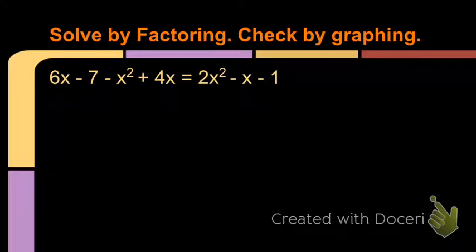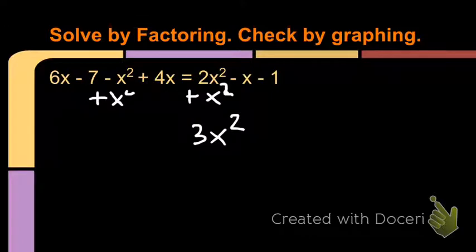So solve by factoring. Like we just talked about, first we want to get this in standard form. Notice how I'm going to bring everything over to the right side so that I have a positive coefficient in front of x squared. You don't have to do that, but I always like to work with a positive coefficient for x squared. And it doesn't matter what side is equal to 0. So you add x squared to both sides, you get 3x squared.